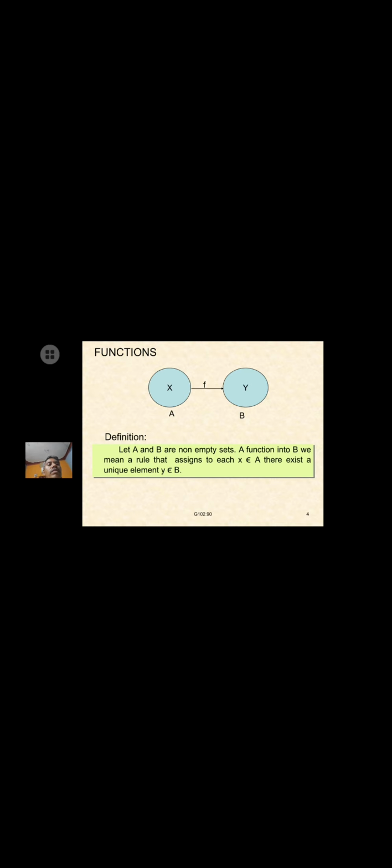A function from A into B means a rule that assigns to each x belonging to A a unique element y belonging to B. So F maps A into B, read as a function F maps A into B. We write like F colon A gives B, or A arrow B, but we read it as F maps A into B, or function F is A to B. This means element x of A corresponds to an element y of B. It is written as f of x equals y.